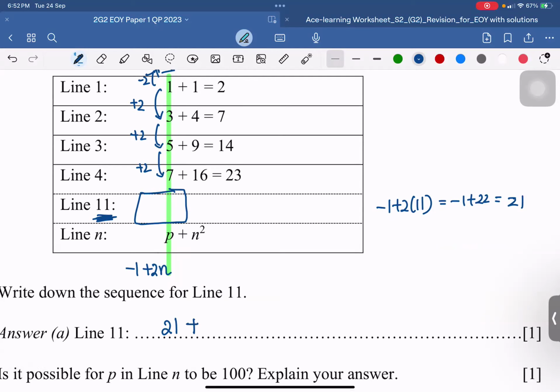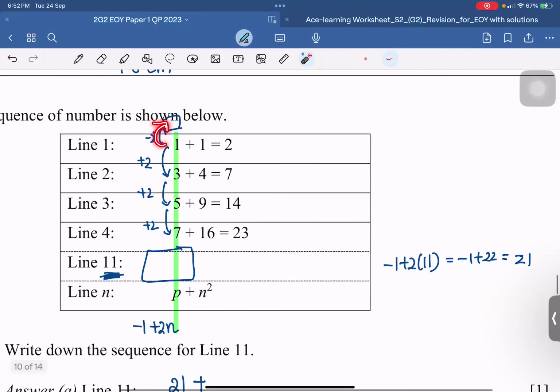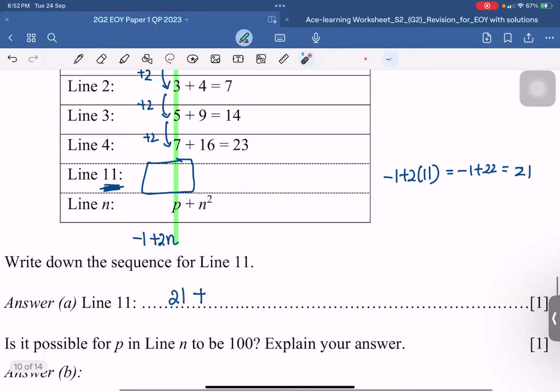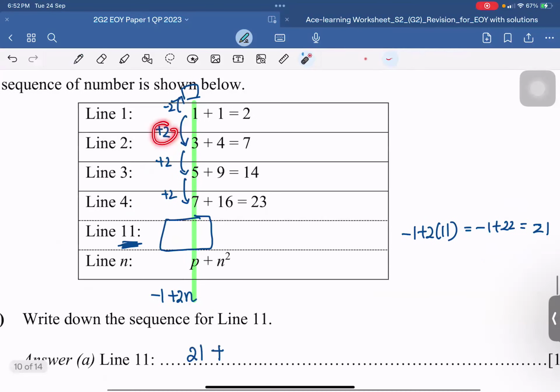So for this part, if it's plus 2 plus 2 plus 2, it is plus 2n. Then I must find the number before that. If the pattern is -7, -7, -7, then it will be -7n. Then you find the number before that also.